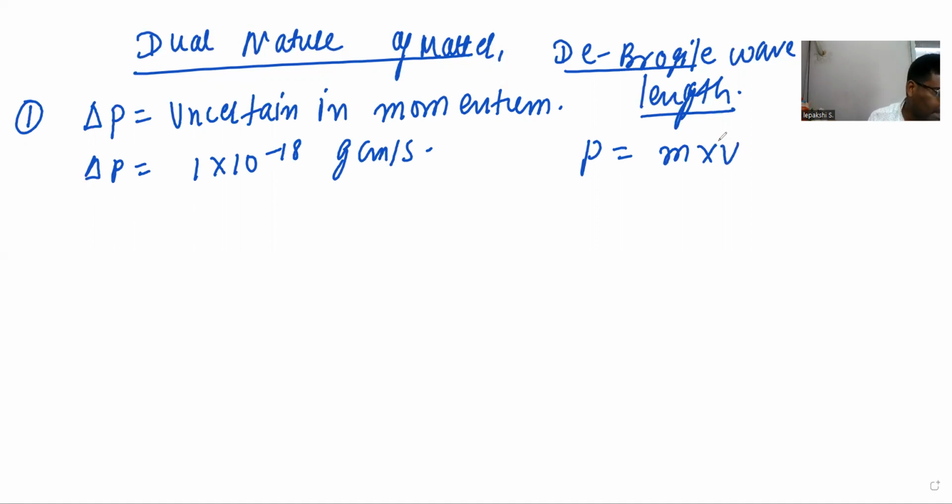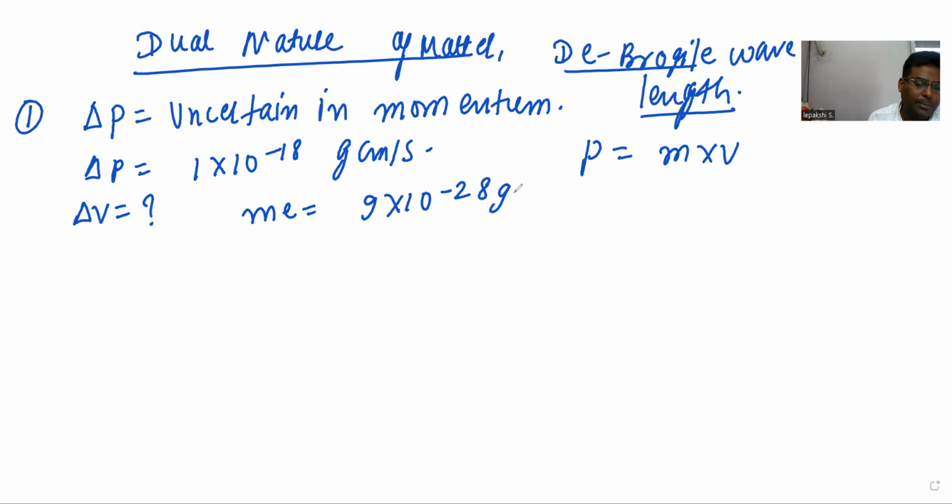Next, uncertainty in electron velocity is asked, so you have to find the uncertainty in velocity, that is delta V. Mass of electron is given, equal to 9 into 10 raised to minus 28 gram.